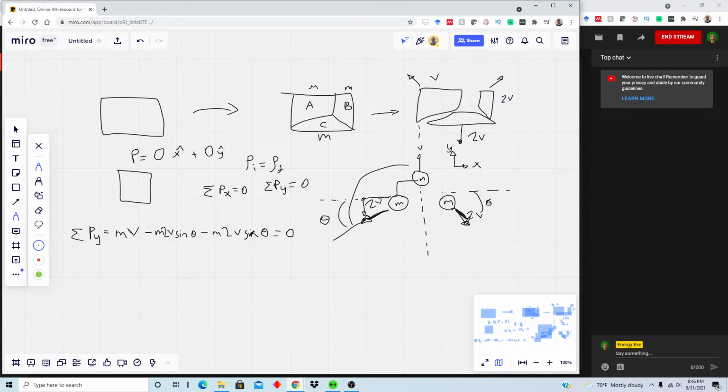And so when we go off to solve this, we can basically isolate for this sine theta. We have mv, we can factor all that out from everything. We get 1 minus, and when you combine these two, you get minus 4 mv sine theta.